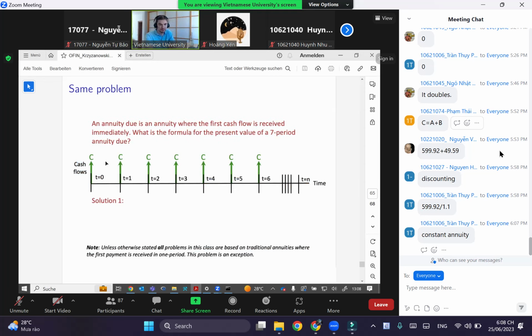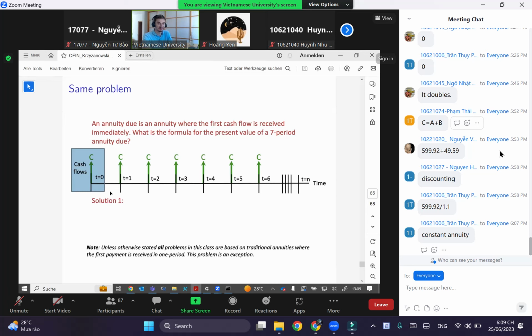And here, when we look at this problem, what can we say? Well, we can separate this into two cases. From t equal to 1, we could apply our formula for a constant annuity to calculate the time t value. And this other component here is like another cash flow we could consider individually.